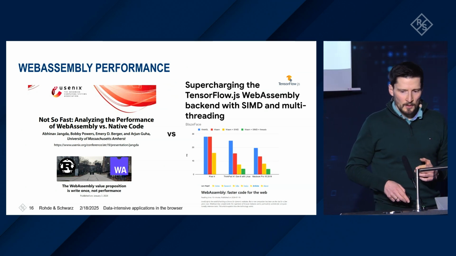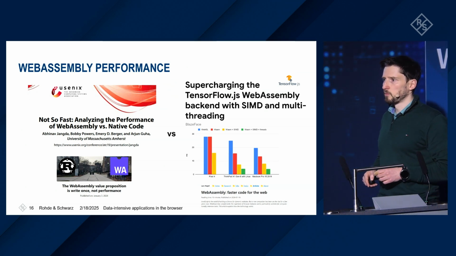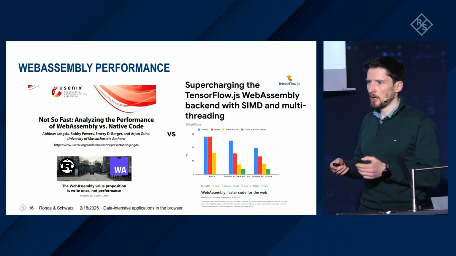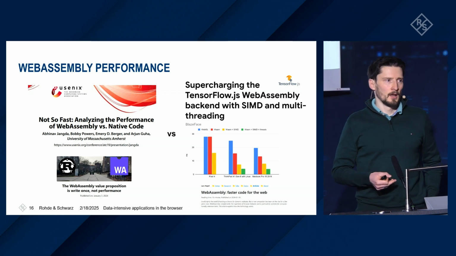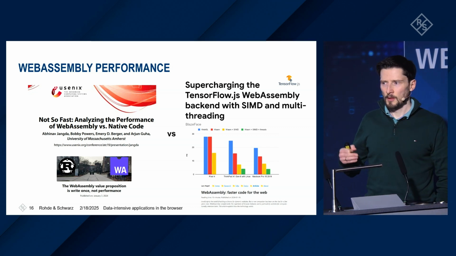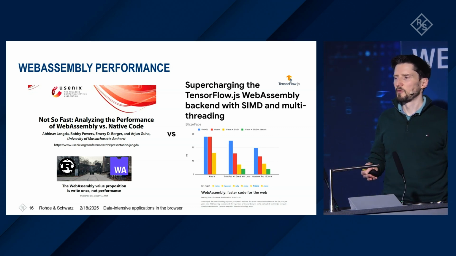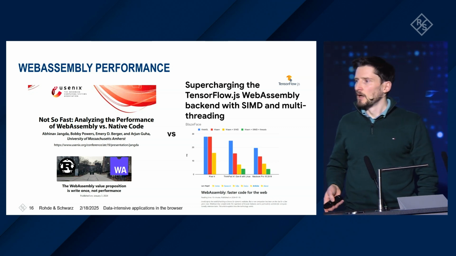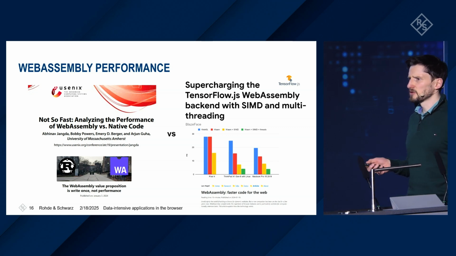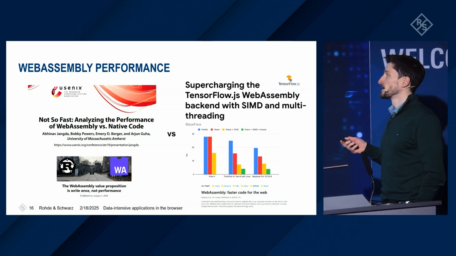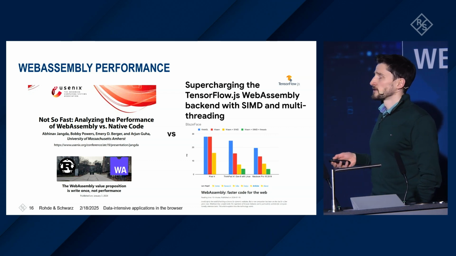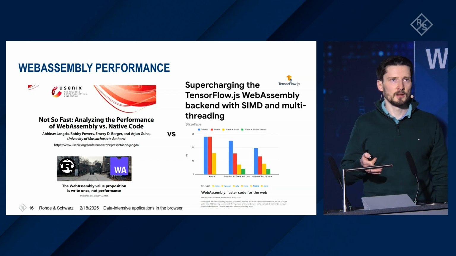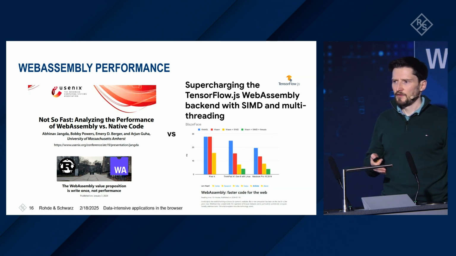Okay, some final thoughts on WebAssembly and performance, because if I talk to people about WebAssembly, the first thing they relate to WebAssembly is the performance. They want to use it because of the performance. And this is something which is very controversially discussed in the community. You have some blog posts and some papers which are saying it's not that fast. On the WebAssembly page, you have something like it's only 10% slower than a native application.